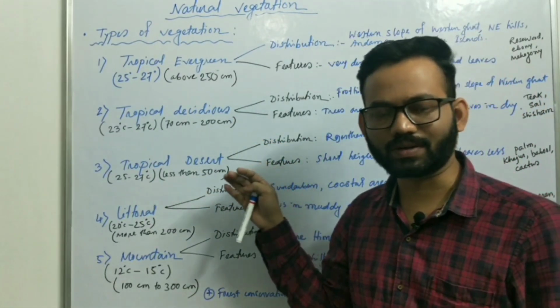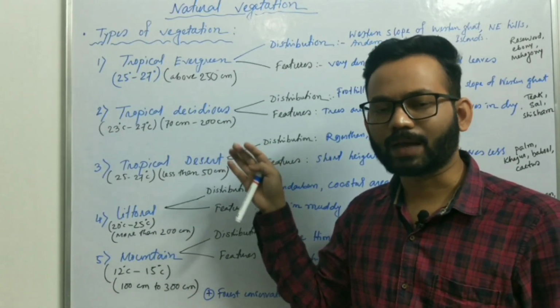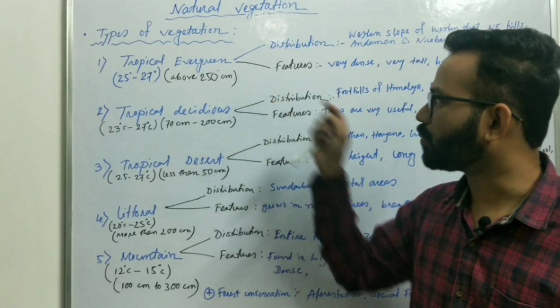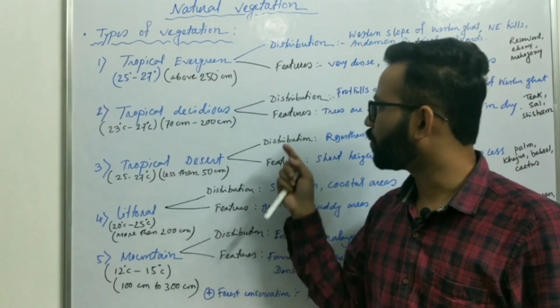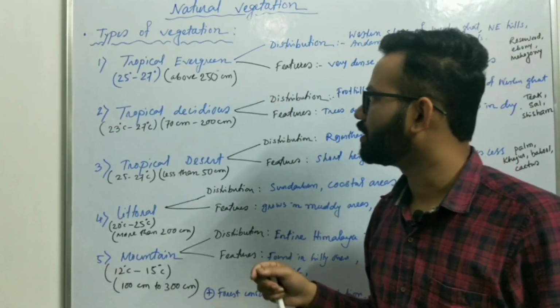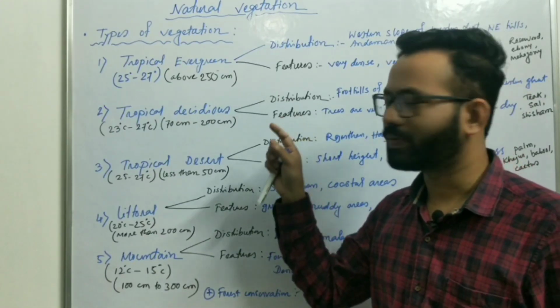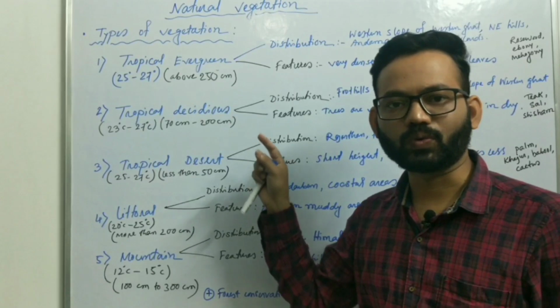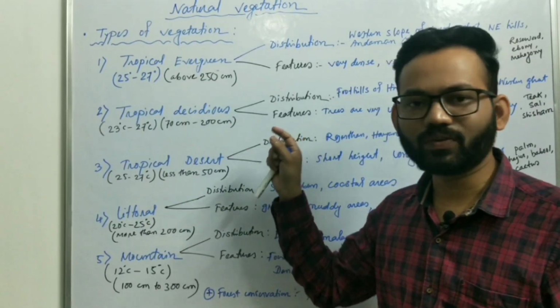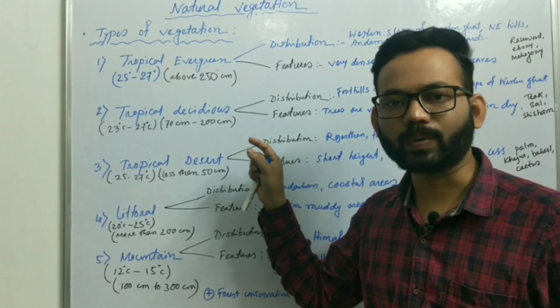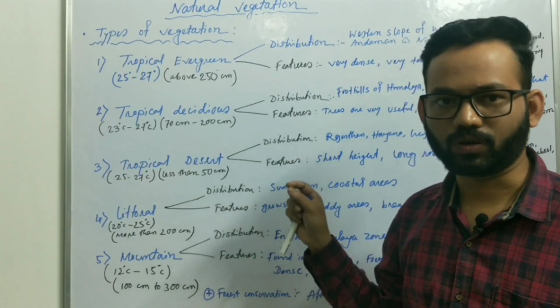Let's discuss the details of each type of natural vegetation. At first, the tropical evergreen forest. It is found in areas where the temperature is between 20 to 25 degrees Celsius, and the annual rainfall is above 250 centimeters.